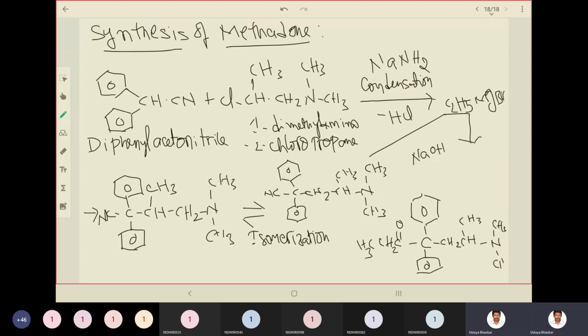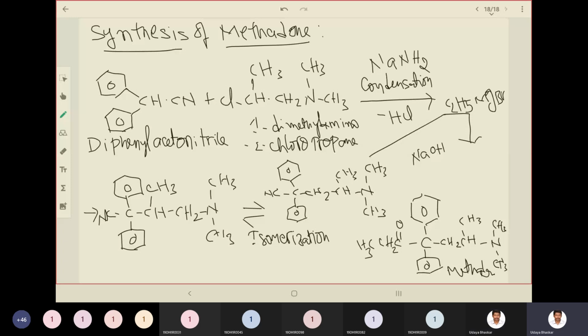Are you following? So this is methadone. So this is the synthesis of methadone.